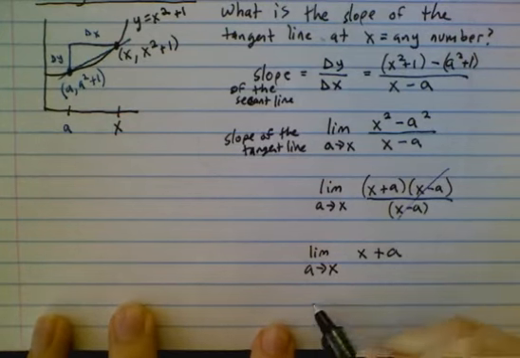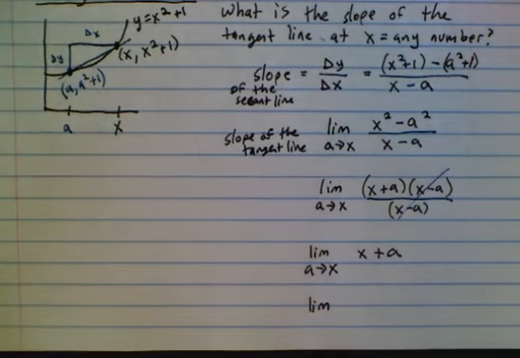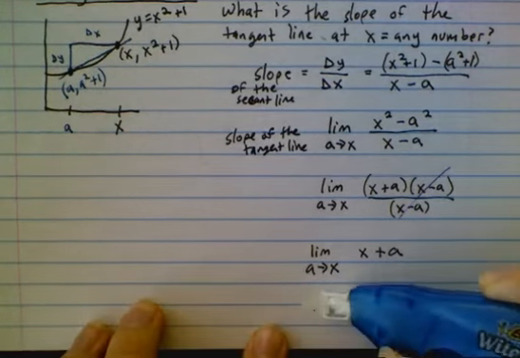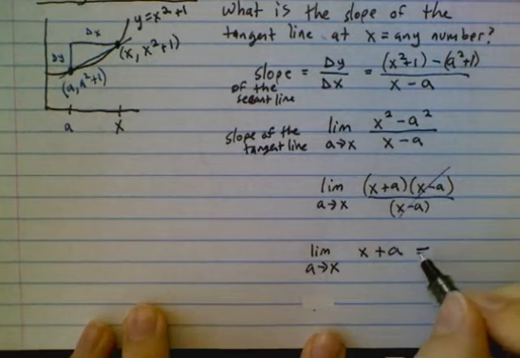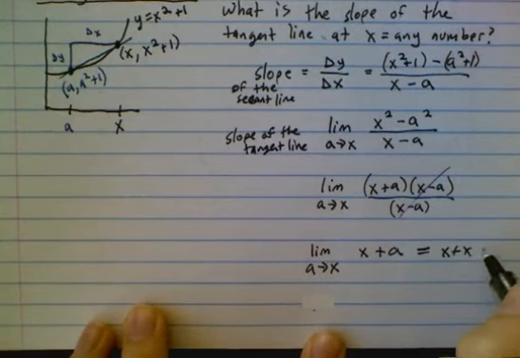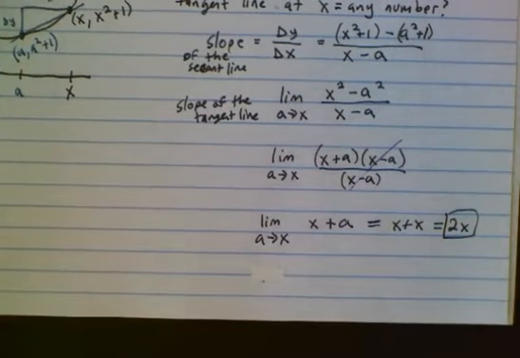Now we can just do substitution, except we're doing substitution, so we don't need to write the limit anymore. There we go. So that means that for this equation, y equals x squared plus 1, if we want to find what the derivative is, what the slope of the tangent line is at any value of x, we just take that value of x, multiply by 2, boom, that'll be our answer.